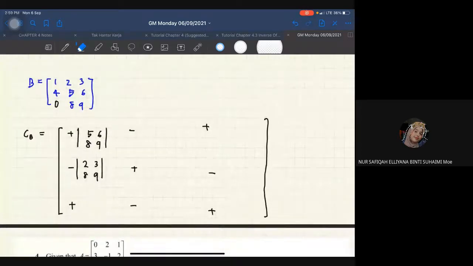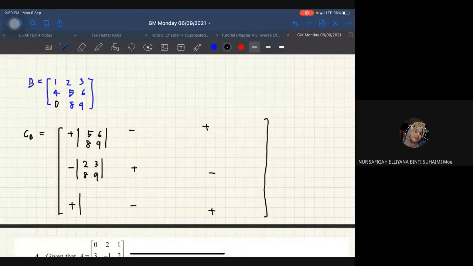Okay, so dekat sini apa yang tinggal is 2, 3, 5, 6. Okay, and then for this one apa yang tinggal is 4, 6, 0, 9. Okay, and so on. Okay, so cuba awak kira. Saya bagi awak masa. Apa jawapan awak dapat kat sini?